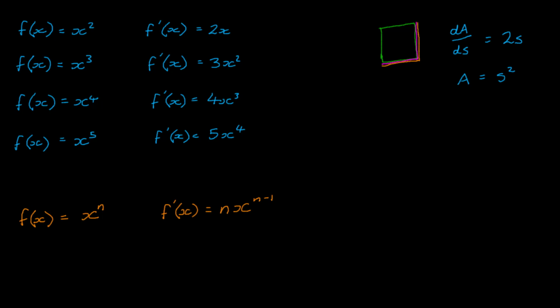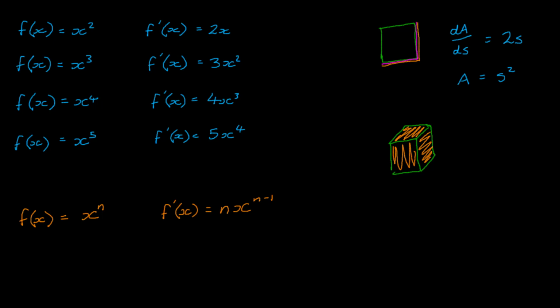And if we expand that up to 3 dimensions, so we start with a cube of side length s, and we're imagining that cube gets bigger, what we would need is for that cube to expand in each of the 3 dimensions. So we'd have to add an extra layer to each of 3 sides.